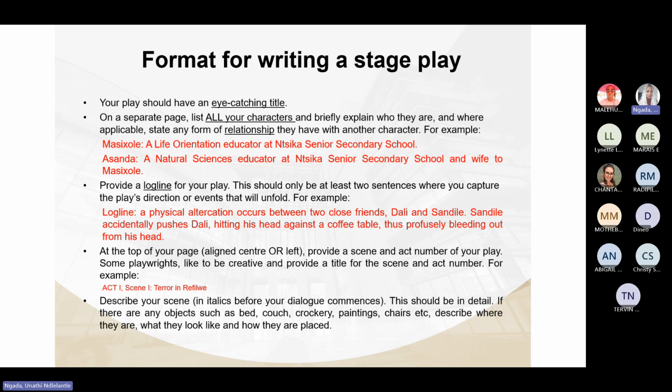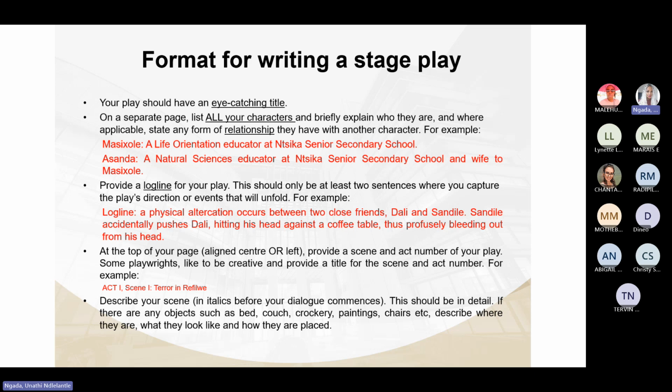So, for example, we have Mastolo, who's a life orientation teacher at a secondary school in Grahamstown, and then we have Asanda, who's also a natural sciences teacher at the very same secondary school in Grahamstown, and she is a wife to Mastolo. So that is what I mean when I say that where applicable, you have to specify, does this character have any kind of relationship with another character in your play?